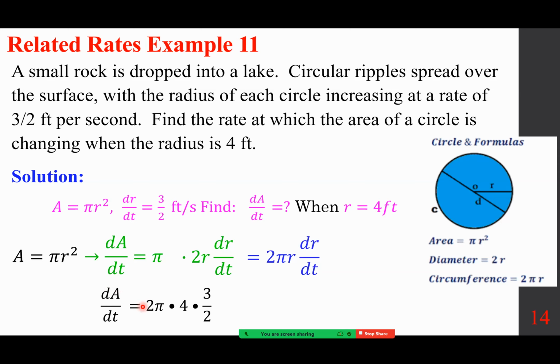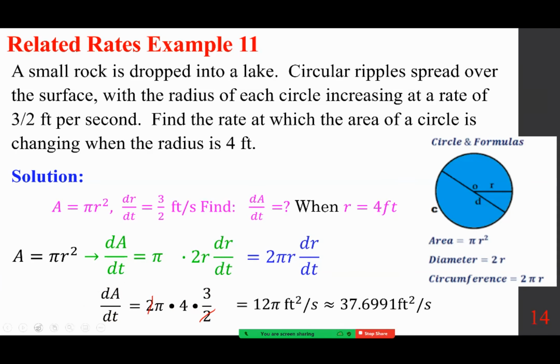As you can see here, this is 4 feet, this is 3/2 feet per second. That's why when you're done, the units would be square feet per second, and it does work. So these two cancel out these two. We have 4 pi times 3, which is 12 pi square feet per second.